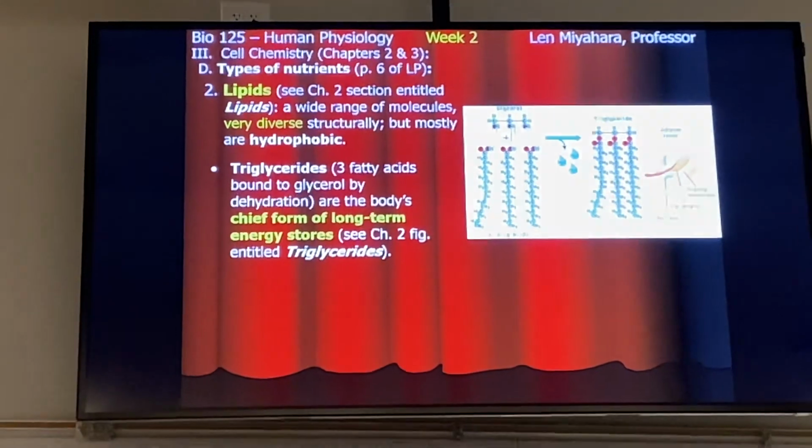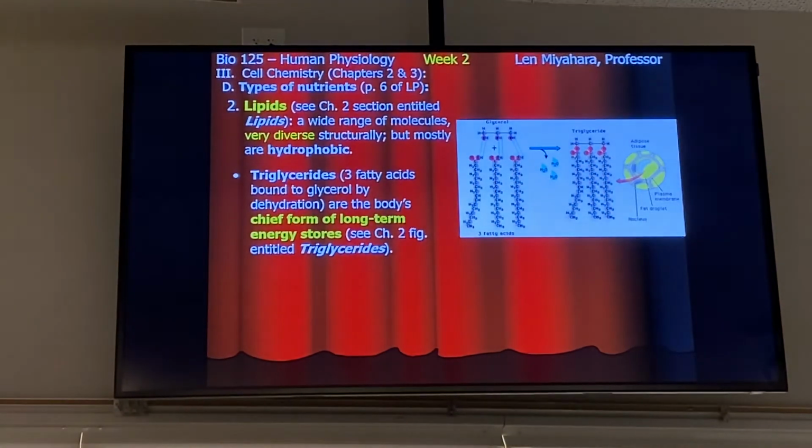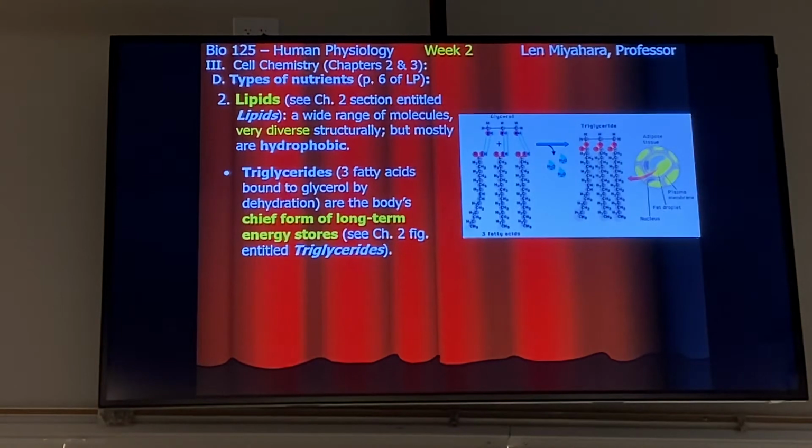They are pretty diverse structurally. For you guys, there's one exception, but you can just think of lipids as being hydrophobic. Okay? There is one exception. The most common are triglycerides, which is why I say up here, this is the one example that doesn't really work well with chains and links.